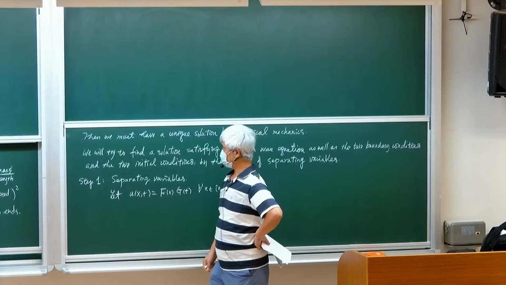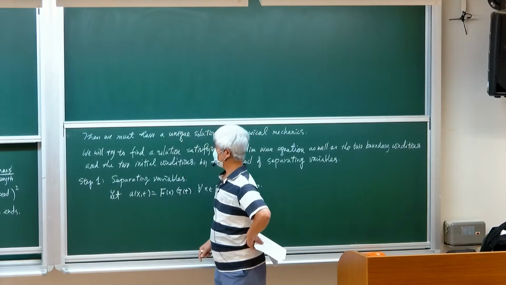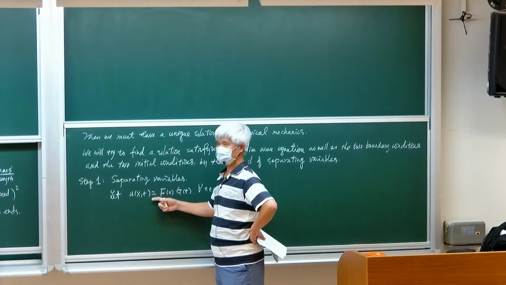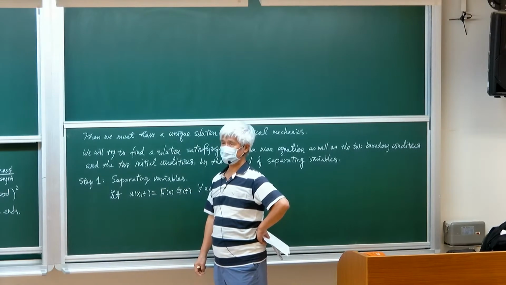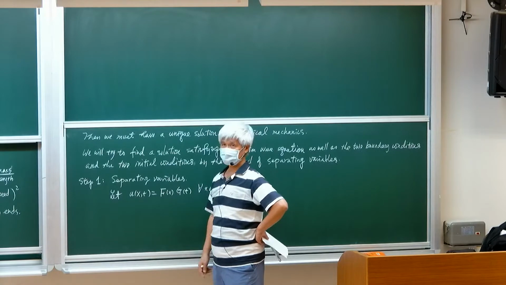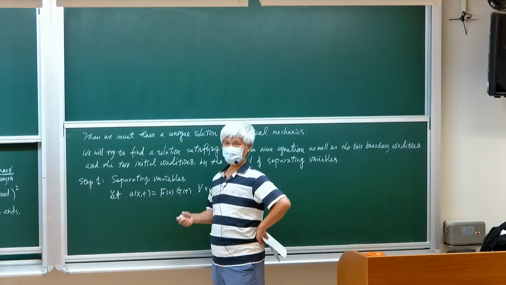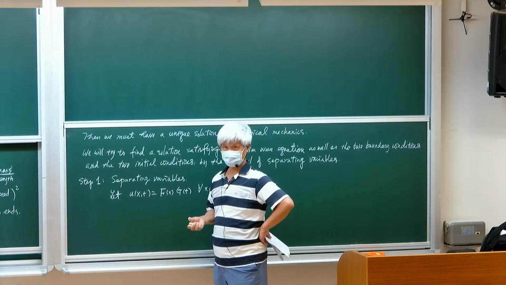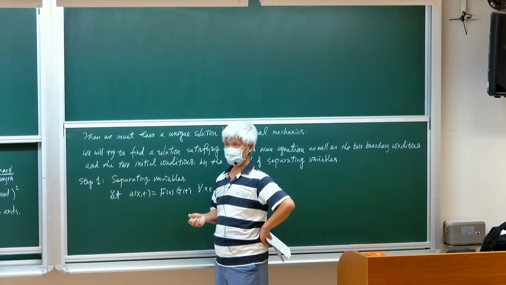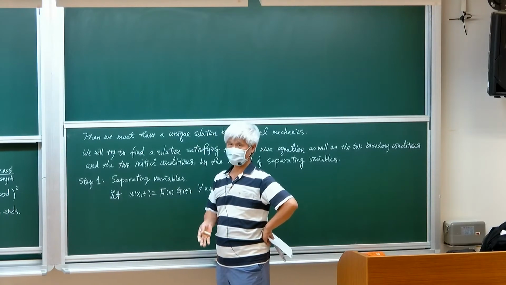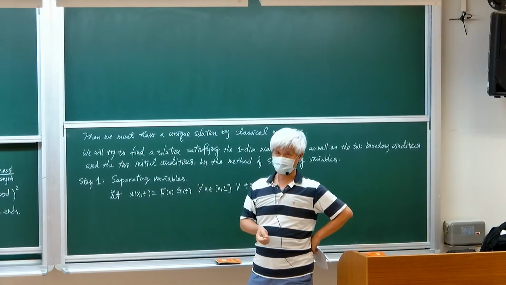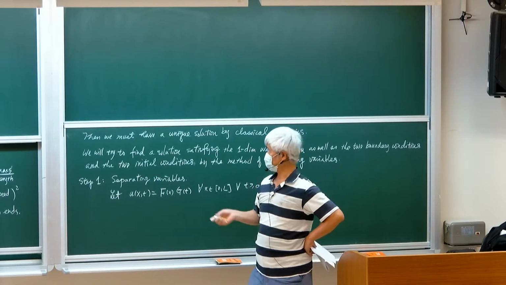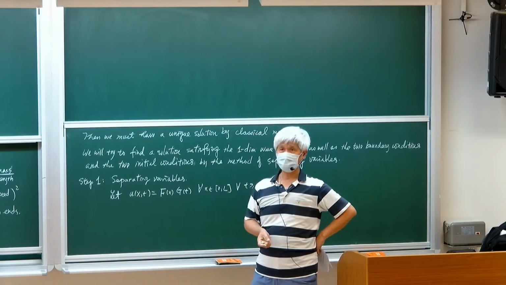And we try to find out whether we have such a kind of solution. If we can't find any solution with this form, then we will fail. It is possible, if you deal with any kind of partial differential equations, that the method of separating variables may be a failure for you.